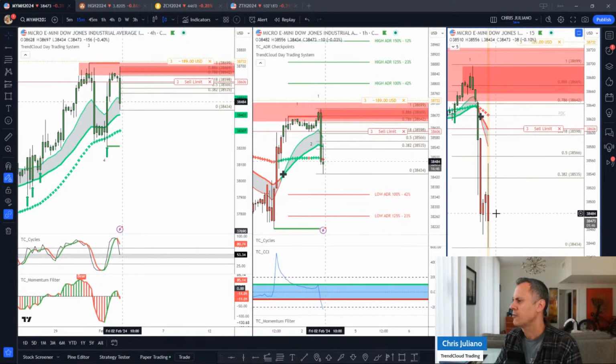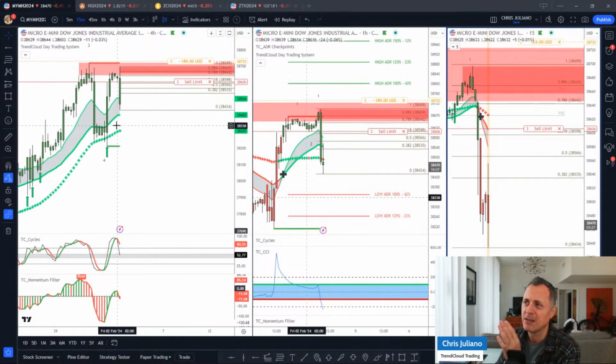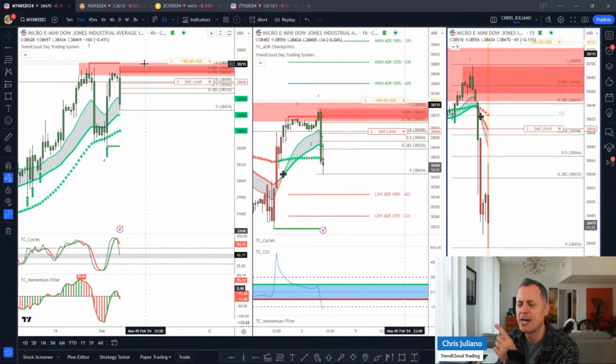Okay, so another couple of minutes and we should have the opening range. Let's think this through. We've got a lot of momentum to the downside, don't we? The trend is up on the 4-hour chart, but we double topped, right?